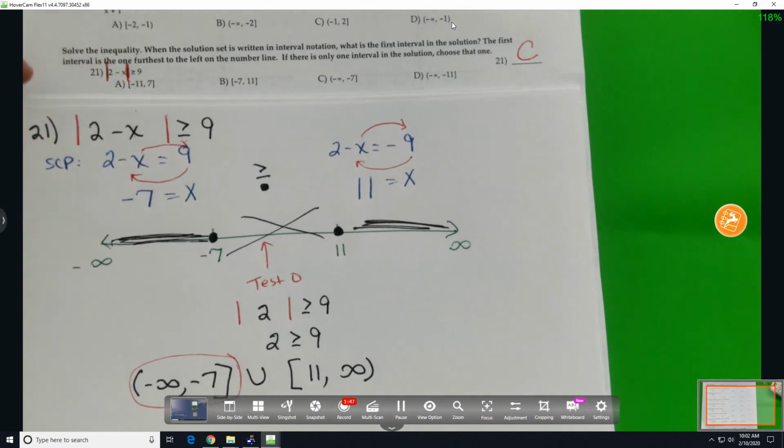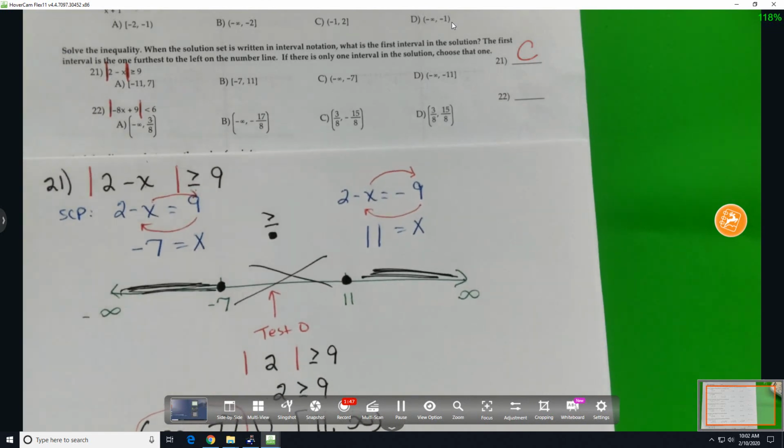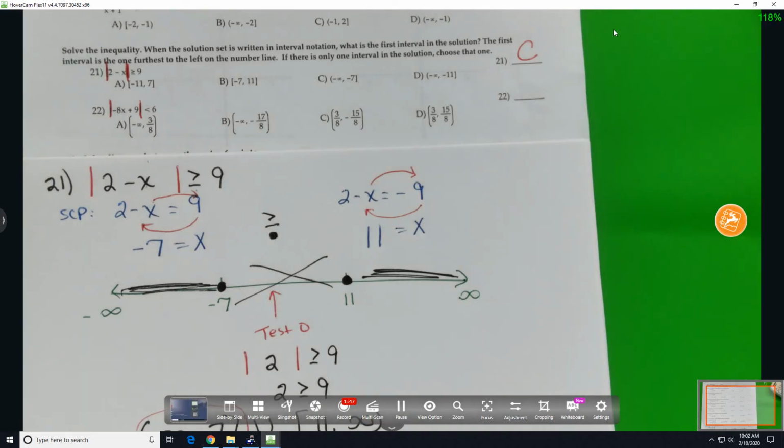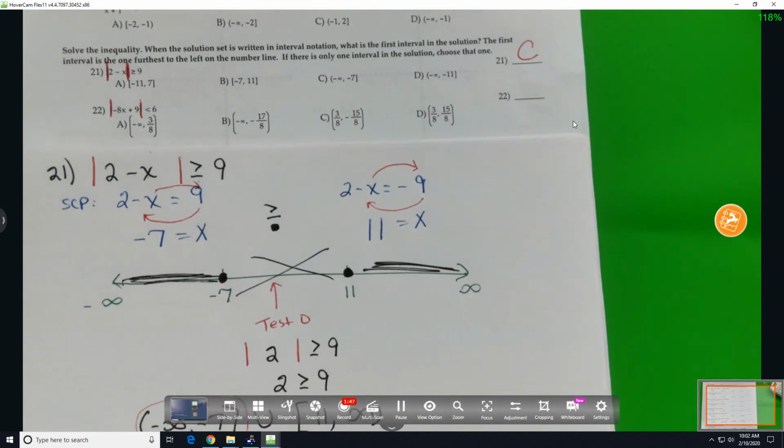22 is another one like that one, except I suspect there's going to be some fractions in our answer on 22. Oh boy, these bubbles are getting annoying. -8x plus 9 is less than 6.